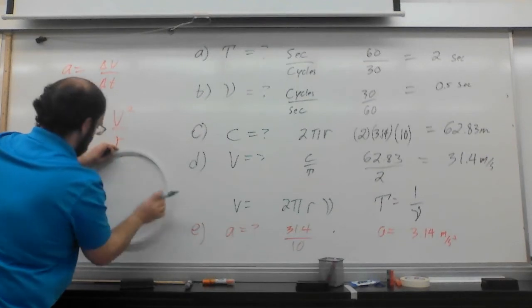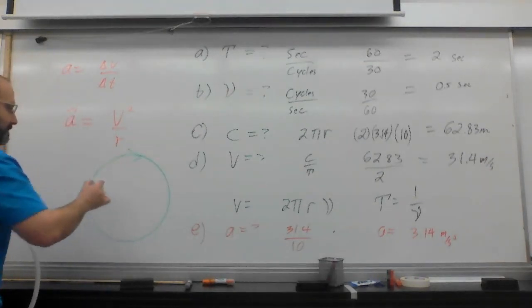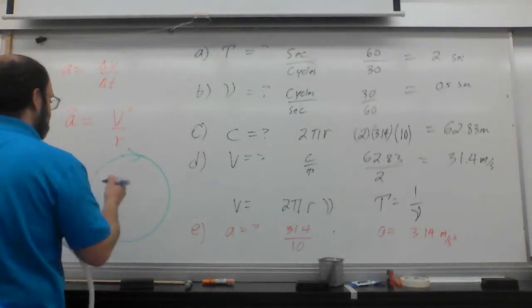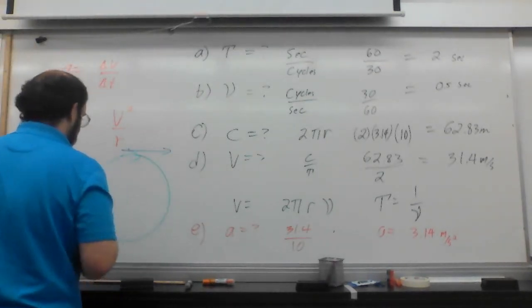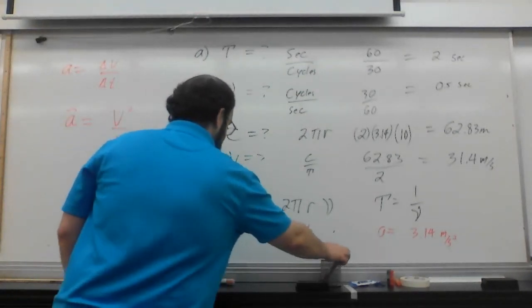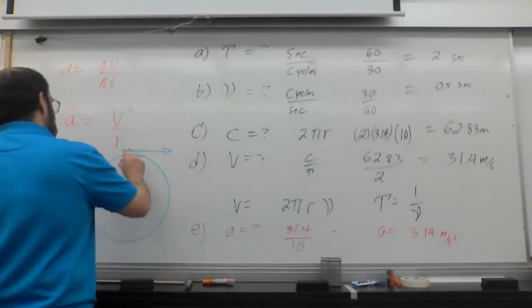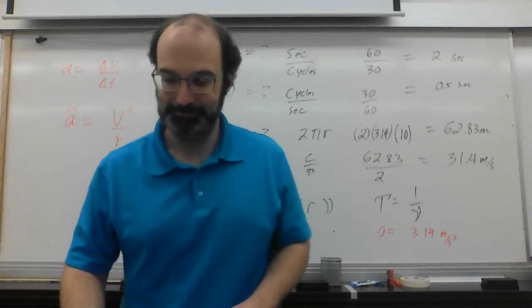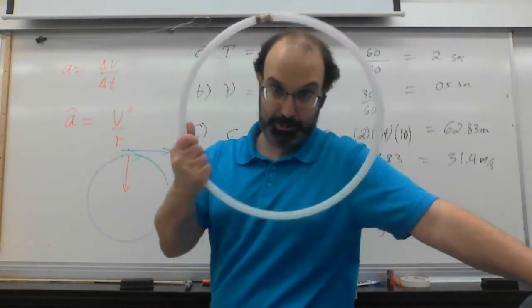The displacement of a circle is the circumference. There it is in green. The velocity of a circle is tangent. There it is in blue. And the acceleration of a circle points to the center. Why? Because it's a circle.